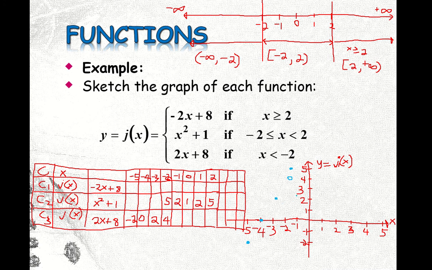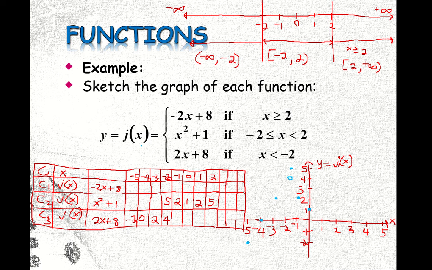So here, this is a point also, a shaded point. Then when x equal to 0, condition 2, 1. So kung 0, ito sa 1.